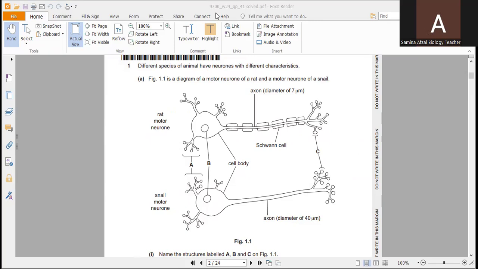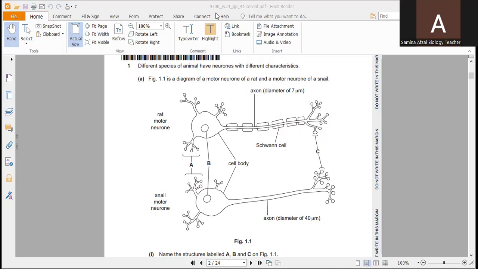There are some key factors which affect the impulse speed. First of all, you can see the difference in the diameter of both of these neurons, already told you. And the second thing is the myelination, the myelin sheath.